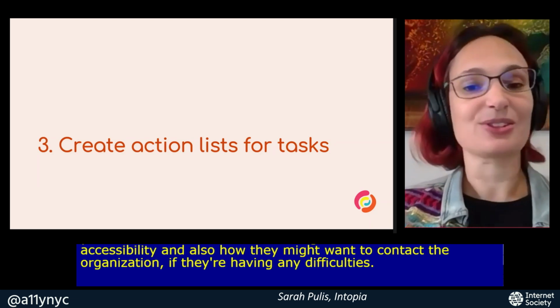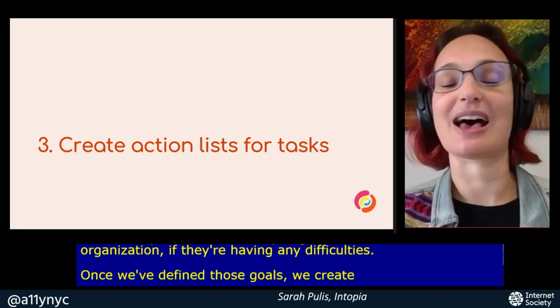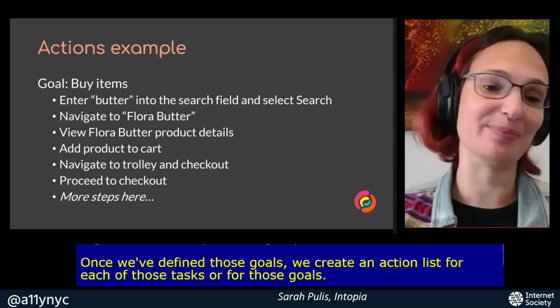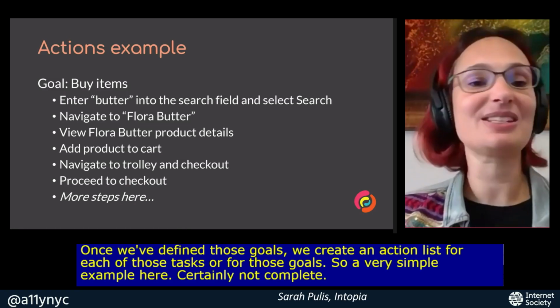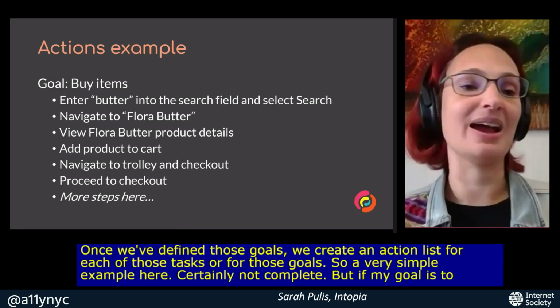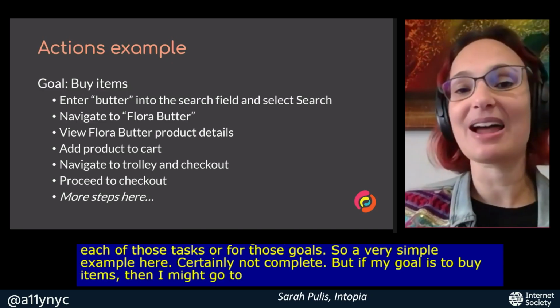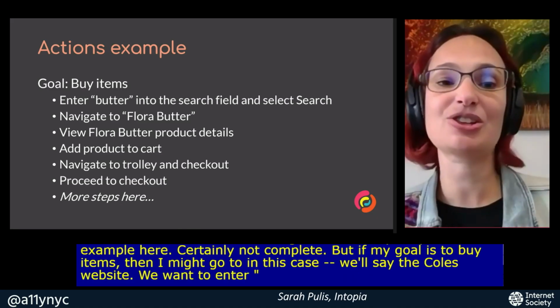Once we've defined those goals, we create an action list for each of those goals. So, a very simple example here, certainly not complete, but if my goal is to buy items, then I might go to, in this case, the Coles website. We want to enter butter into the search field and select search.